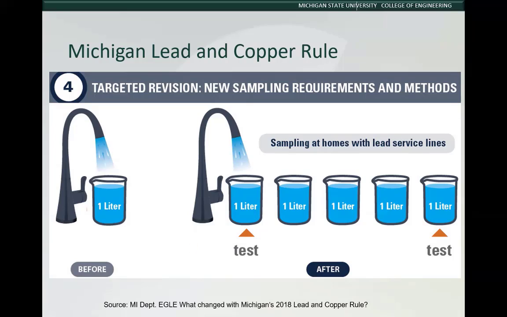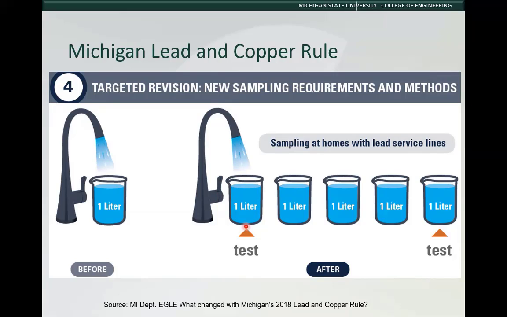So in the past, it was a 1 liter first draw sample. So the idea was you took the sample first thing in the morning of the water that had been stagnating in the pipes. And that was the sample. So it's full flow and a 1 liter sample. Now you do a sequential sampling. So you take that 1 liter, you analyze that 1 liter.